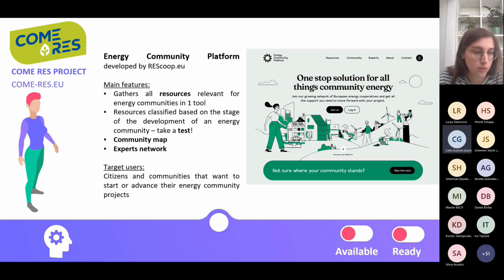Let me share with you some of the main features that it will have. First of all, it is targeting citizens and communities that want to either set up or advance their energy community projects. It will be a platform that gathers all available resources for energy communities in one place.